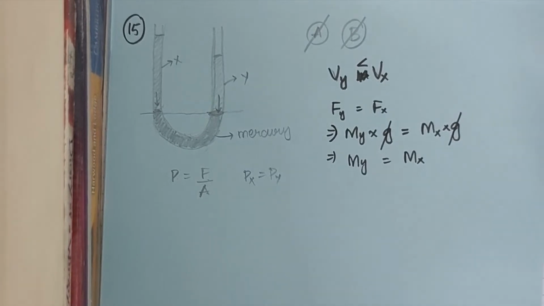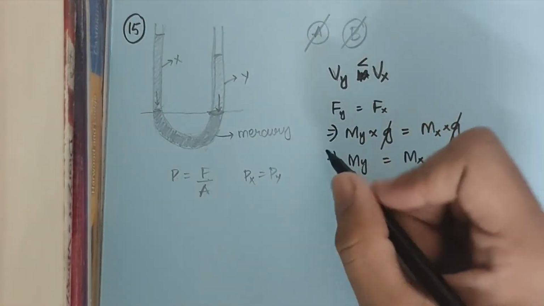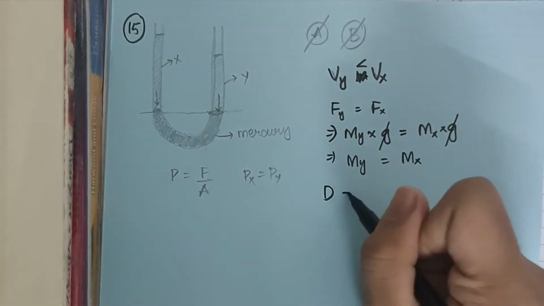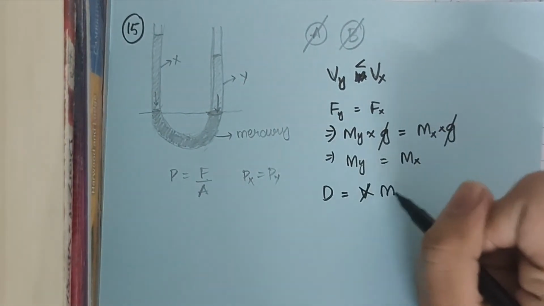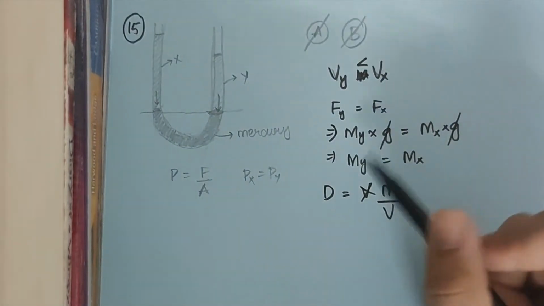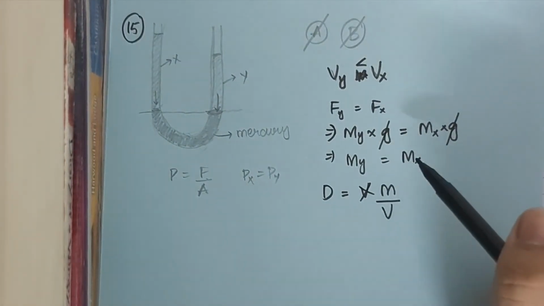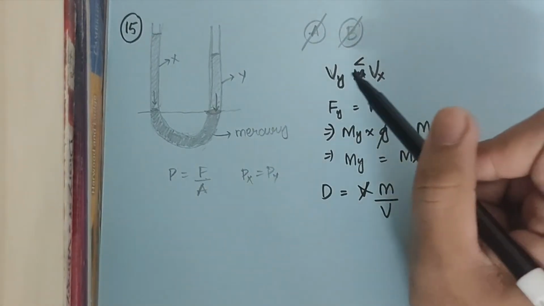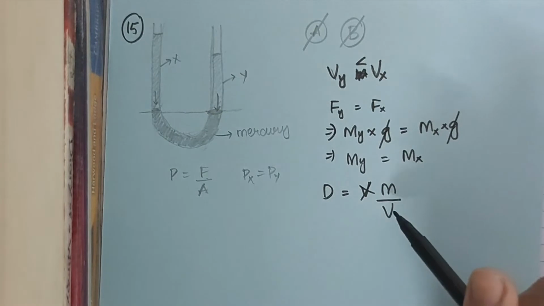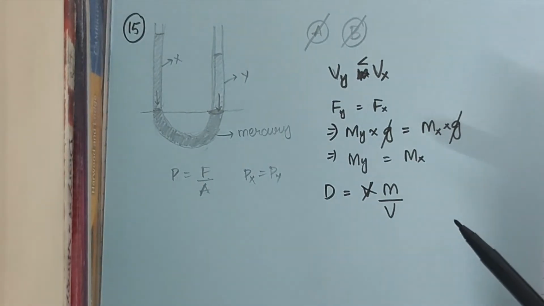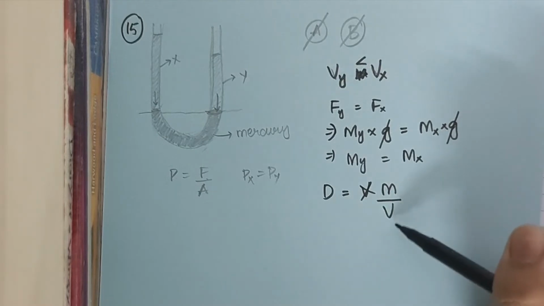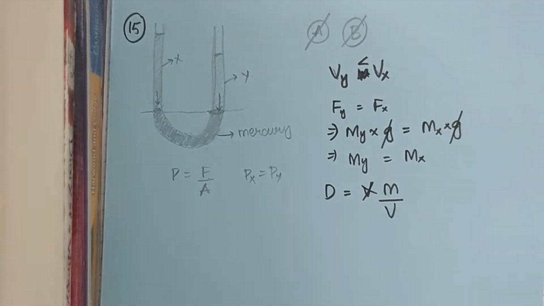Now let's think about density. What is the formula for density? I'll use d instead of rho here. The formula for density is equal to mass divided by volume. Over here both the masses are same, so we don't need to care about masses. The thing we need to care about are the volumes. Vx has a greater volume than Vy. That basically means that the denominator will be greater for Vx.